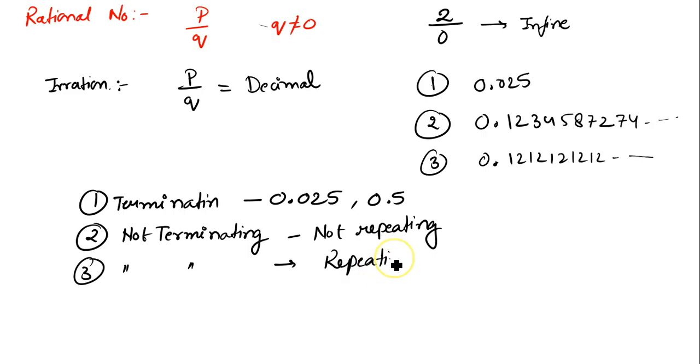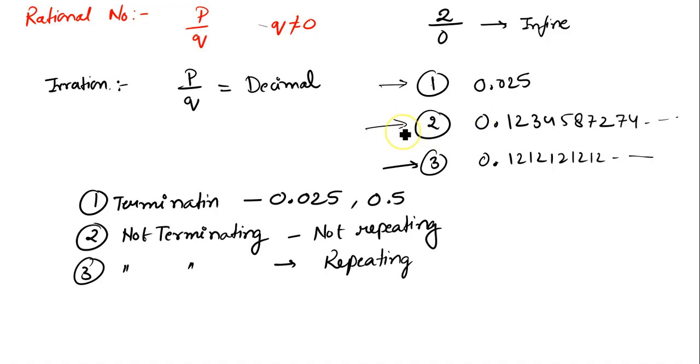If you remember what you studied in the ninth class, we can easily convert the terminating number, and similarly the repeating one, into p by q form.